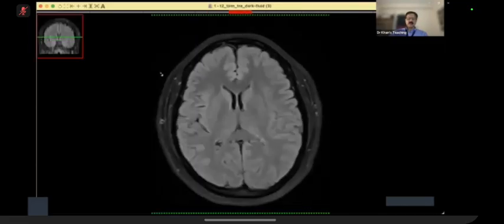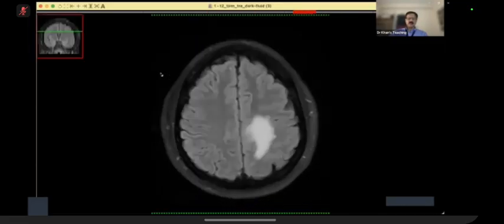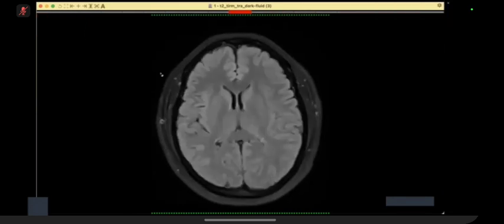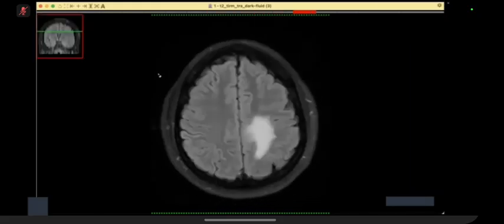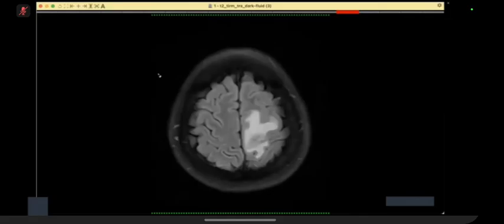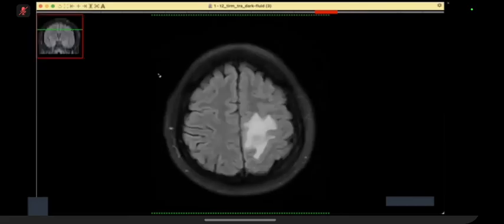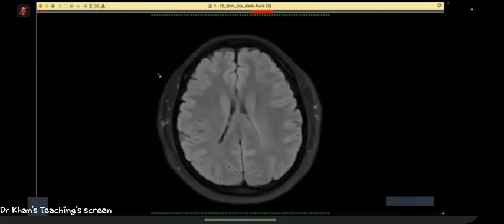Right. So we have got a brain MR. Which sequence is this? Okay. This is FLAIR sequence. So I can see a high signal in the white matter at the left parietal lobe.